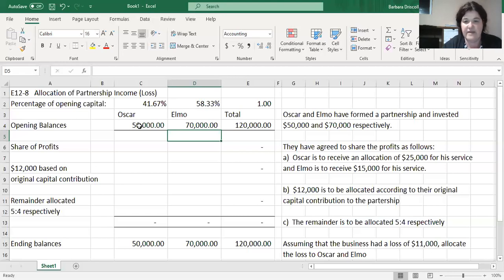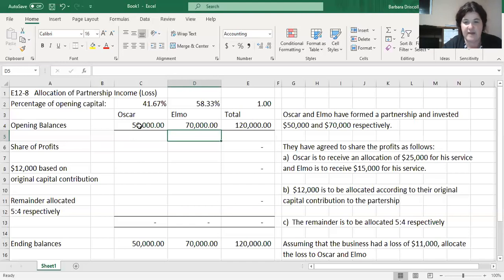Keeping in mind that if there's an intent or a need to change the allocation, the partnership agreement does have to be changed legally to reflect the change, because that partnership agreement is your legal binding agreement that supports the income reported by the partners for the year on their personal tax returns. The partnership itself does not file a personal tax return, but the individuals do.